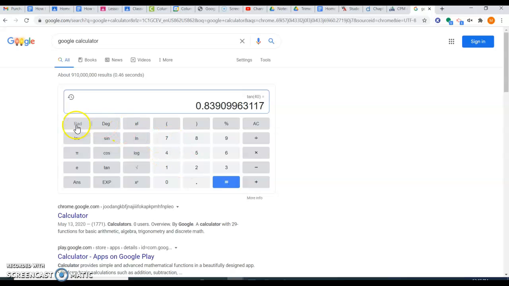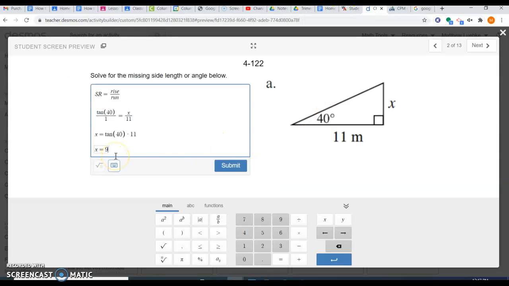If you use radians, you would get a negative. That's not right. Make sure you're in degrees, and you get 0.839. I can do that times 11, and I have my answer as 9.23. So I can go back and find my lesson here. 9.23 was my answer because that's what I got when I did tangent of 40 times 11.